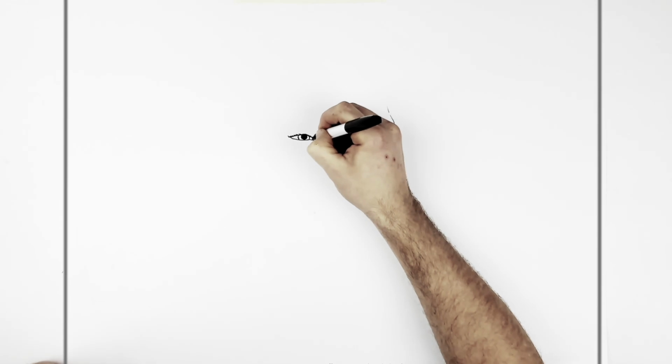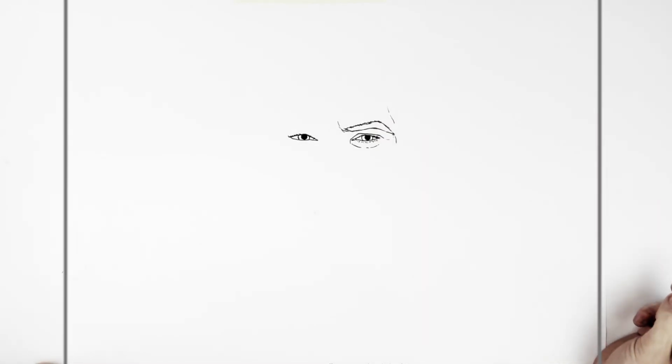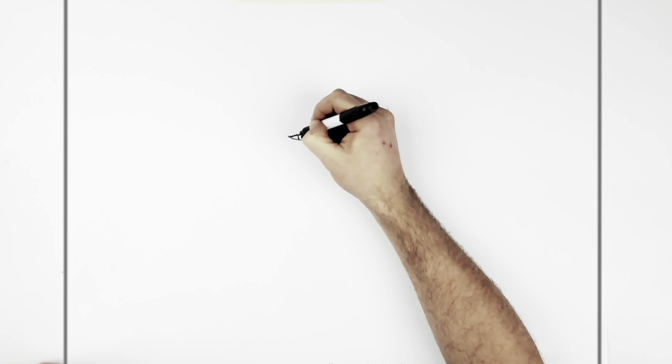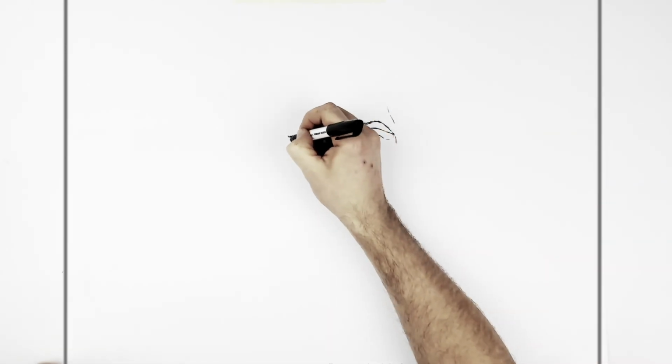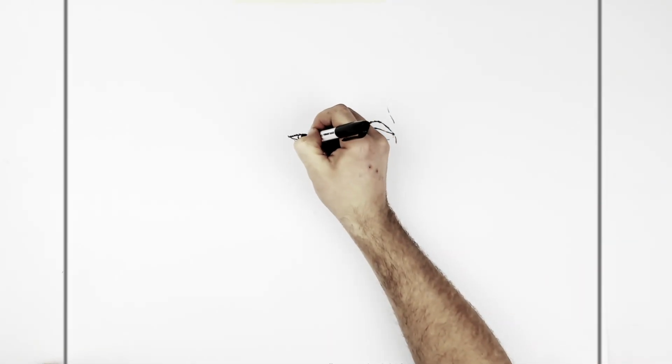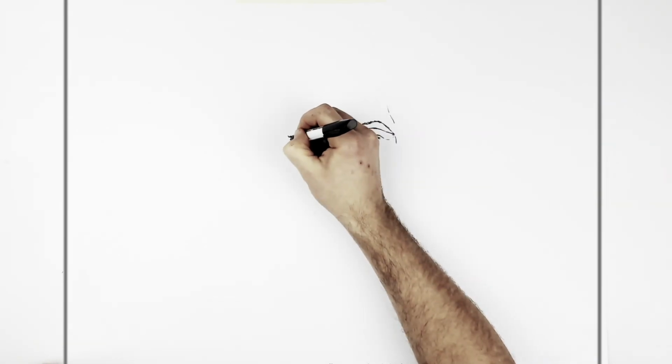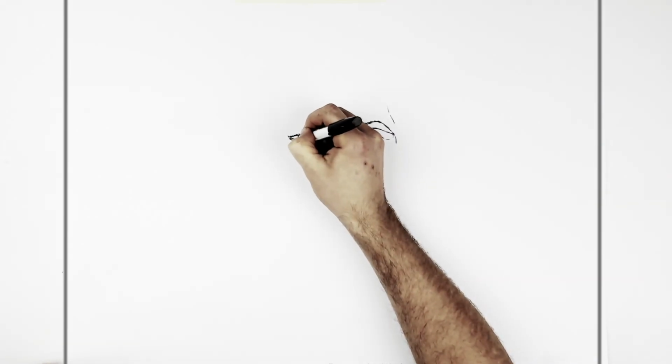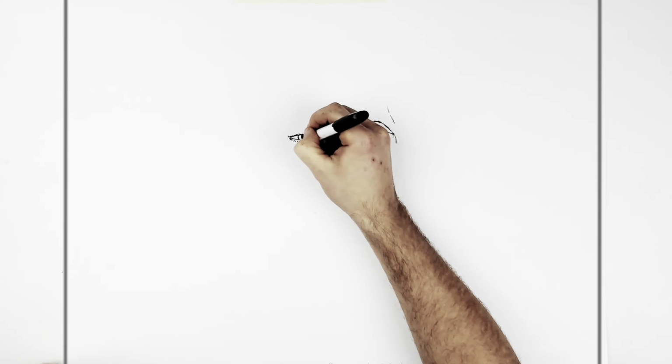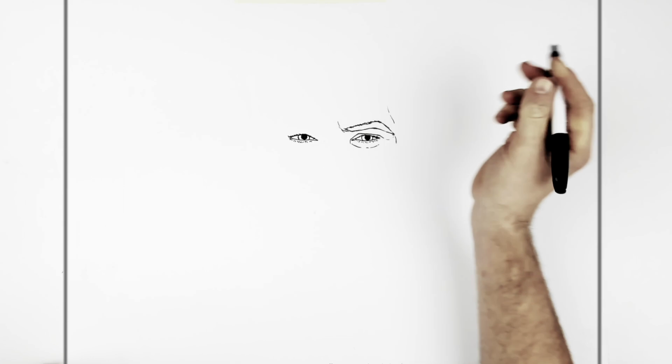Right, and then there. So eyelashes on the bottom, dots and dashes. Just mark our line and then add some coming down here. Very thin.